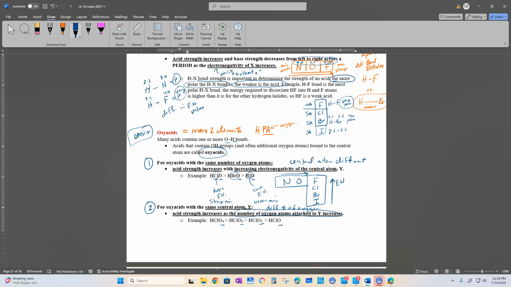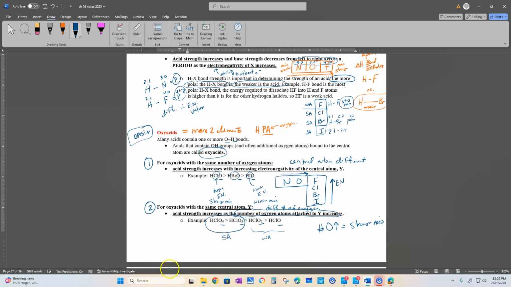What do you notice about two of these? These two are strong acids, part of the seven strong acids. Not these guys, they're weak acids. So as long as the central atom is the same, you look at the number of oxygens. The more oxygens it has, the stronger the acid.